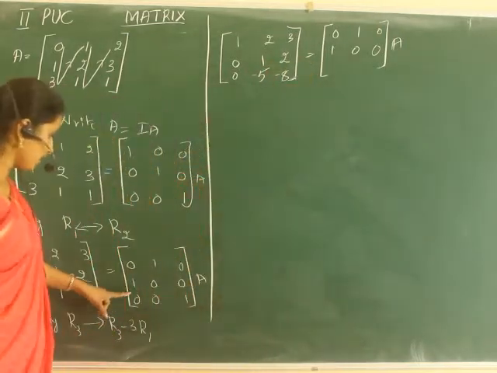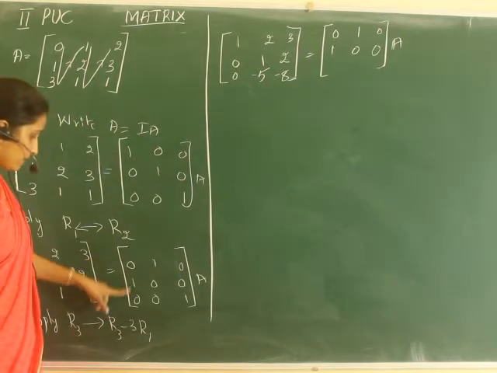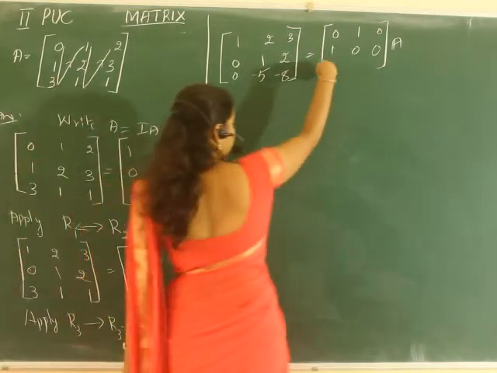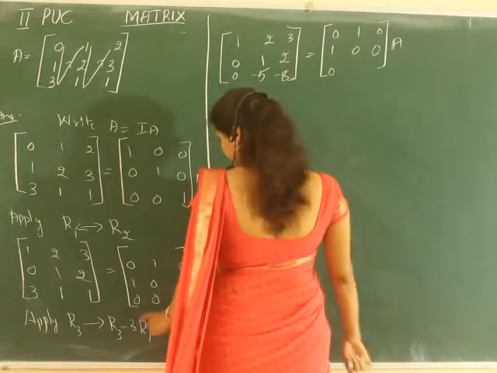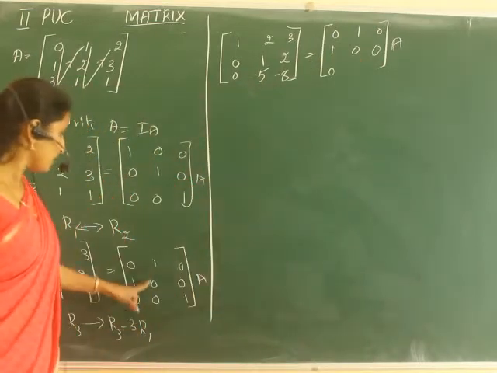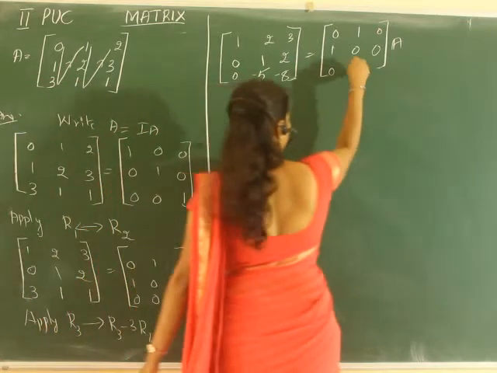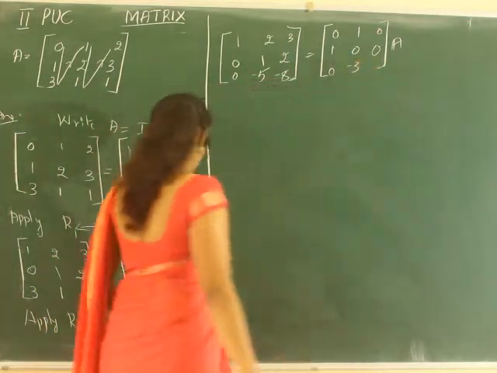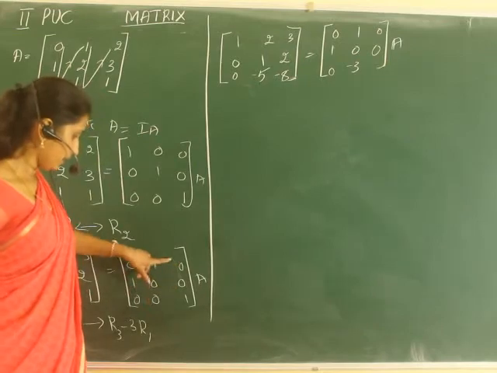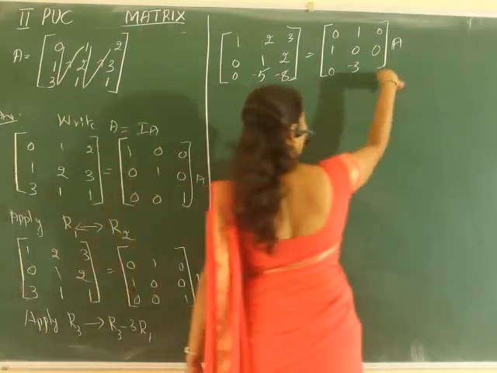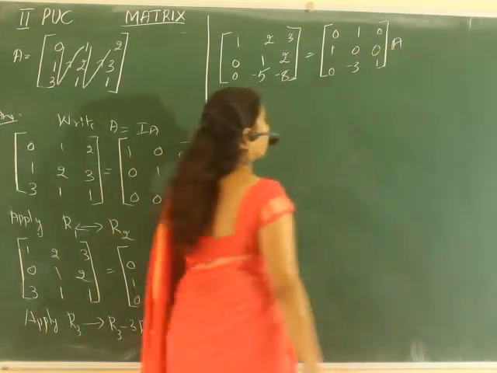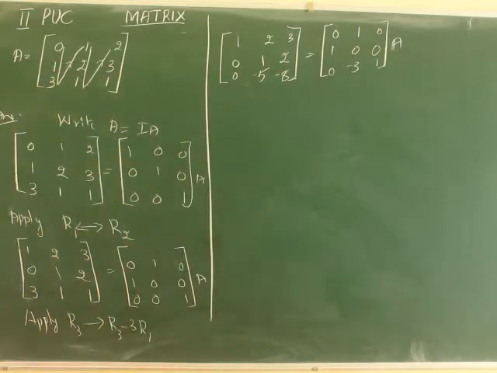On the right side, 0 minus 3 into 1 is minus 3, then 0 minus 3 into 0 is 0, and 1 minus 3 into 0 is 1 only. So I have converted the first column to 1, 0, 0.